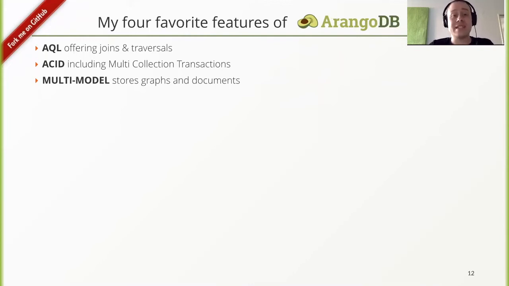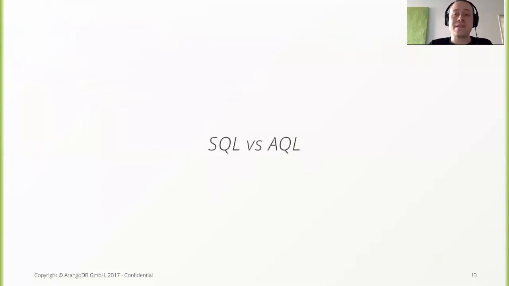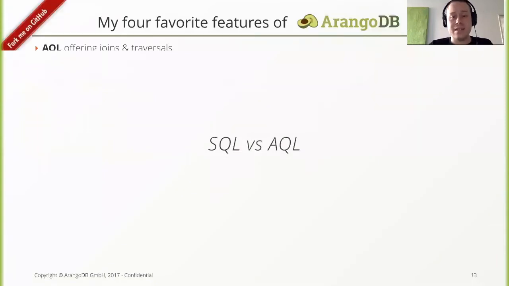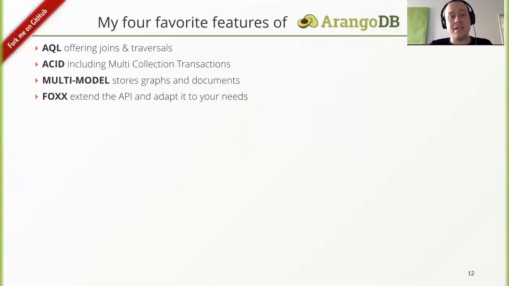Furthermore, ArangoDB is ACID, including multi-collection transactions, a guarantee that you typically do not get from document stores. And of course, ArangoDB is a multi-model database, storing graphs, documents, and key-value pairs. And the 4th thing is something that is not related to a database per se, and that is called Foxx, which is a framework that allows you to extend the API of the database and adapt it to your needs.